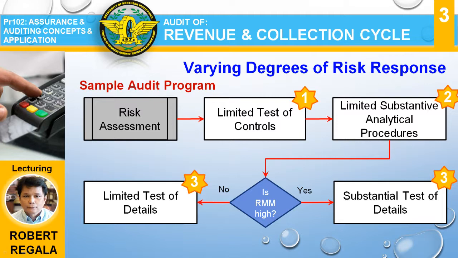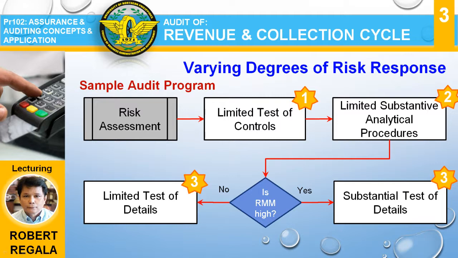As shown on the slide, the auditor may design an audit program that consists of first performing limited tests of operating effectiveness of controls, task 1, then performing limited substantive analytical procedures, task 2, and finally performing substantive tests of details, task 3.